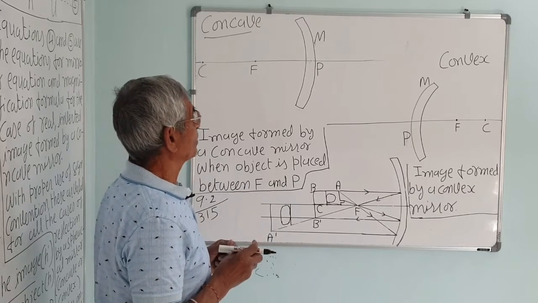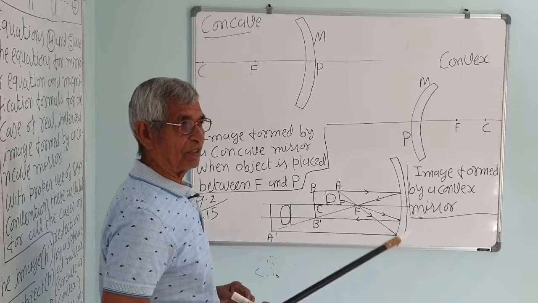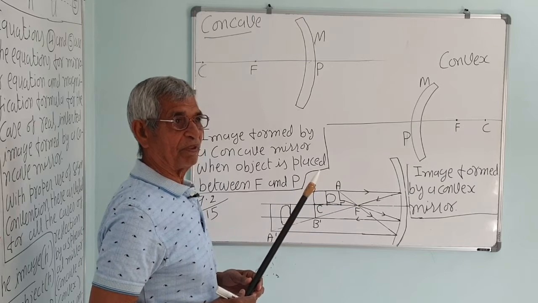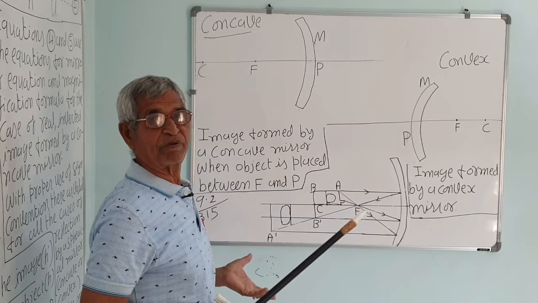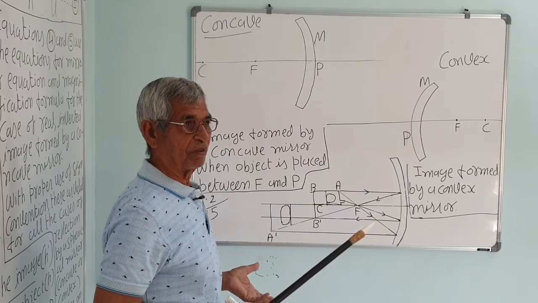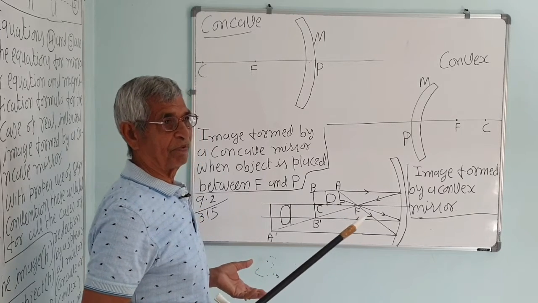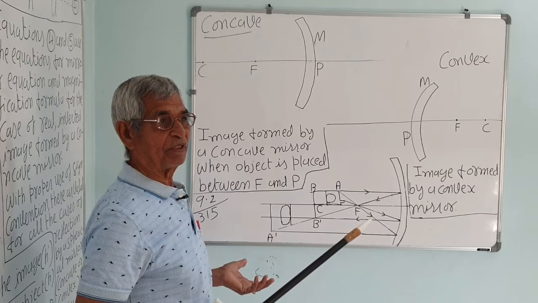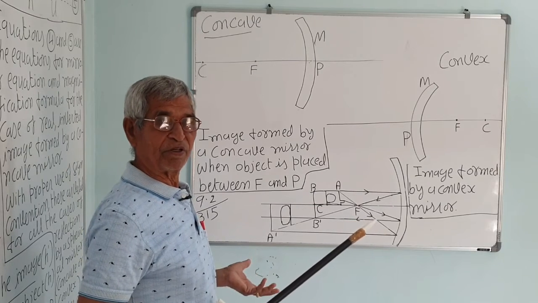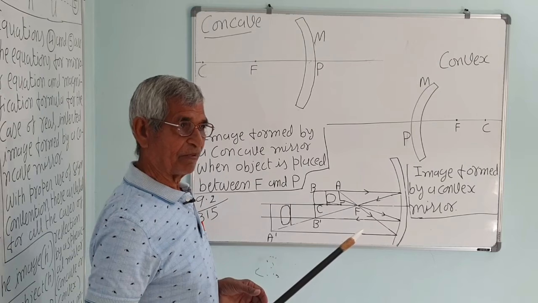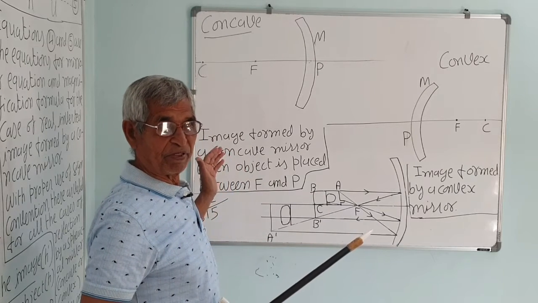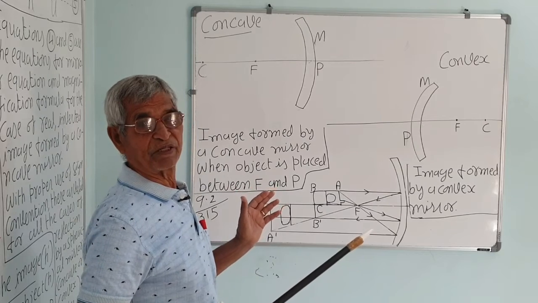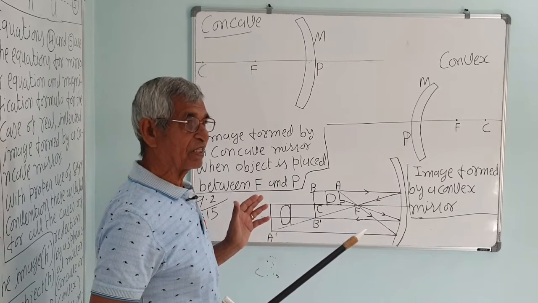In the case of the concave mirror, images in 5 cases will be real. If the object is at infinity, by definition the image will be formed at the principal focus, that is F. If the object is beyond C, the image will be between C and F. So if you bring the object from infinity nearer to the mirror, the image size will go on increasing.